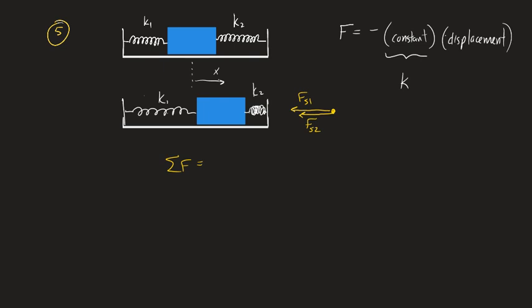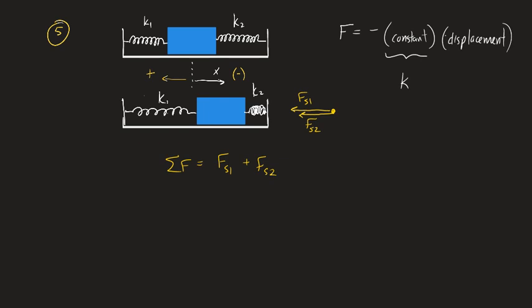And clearly there would also be gravity and normal force, but they would be in the vertical direction and they are likely to sum to be 0. These seem to be unbalanced, would you agree? So I'm going to have the force from spring 1 plus the force from spring 2. Do you want to make the right positive or do you want to make the right negative? Make the right negative? Fine. If we make the right negative, then to the left is positive, and that means these two forces are positive.